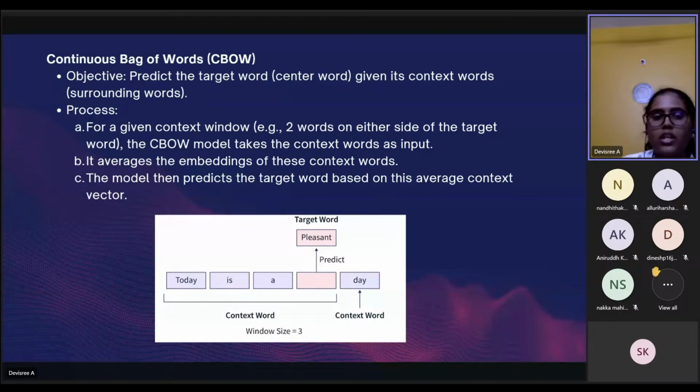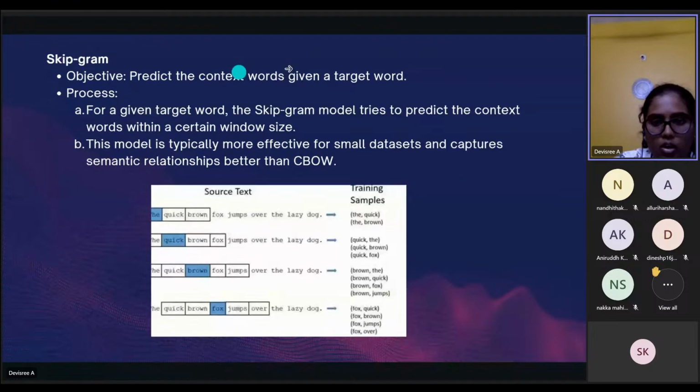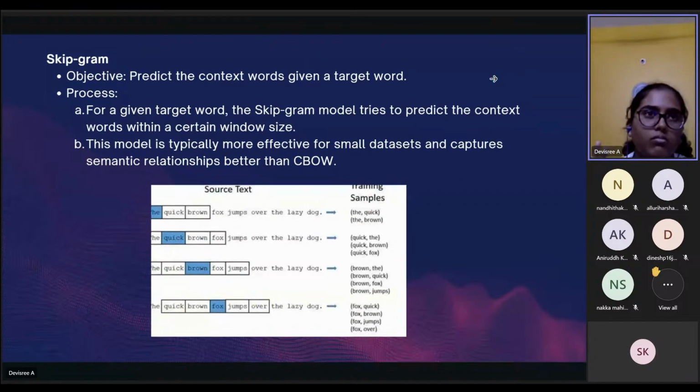So it takes the average of all those word embeddings, and then predicts the target word based on this average vector, this average word embedding. So in this case, it is predicting that. After I explain skipgram, I'll explain what the entire point of prediction is.